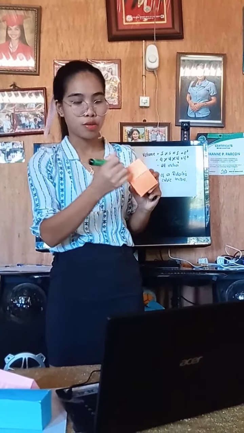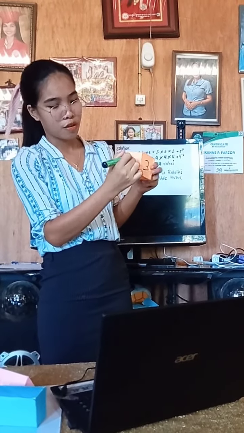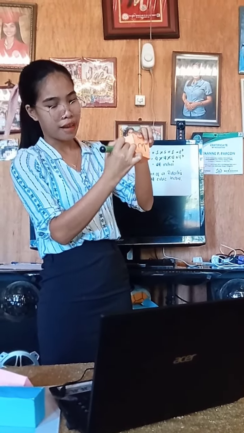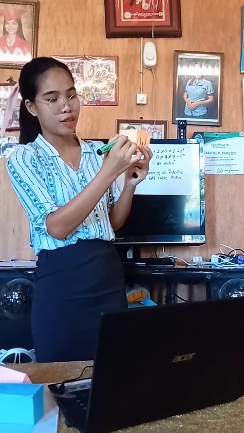So now let's proceed to our third figure, which is the cube. A cube has 6 faces. Let's count first: 1, 2, 3, 4, 5, and then 6. Examples of a cube can be a box or carton and a Rubik's Cube.